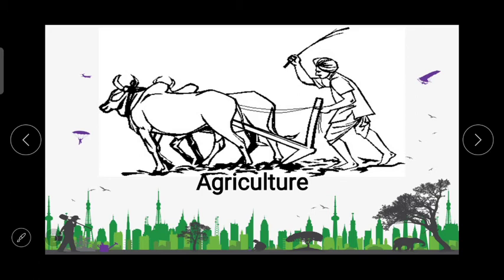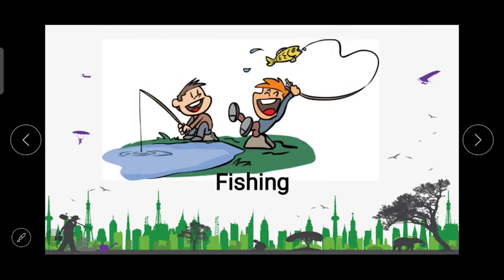So the first picture is about agriculture, because of which we get our food. Then the second one is of fishing. What you have to do while going through these pictures is observe these figures and then discuss them in the class.